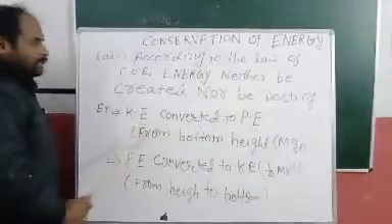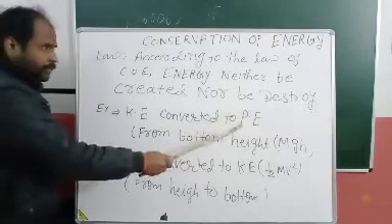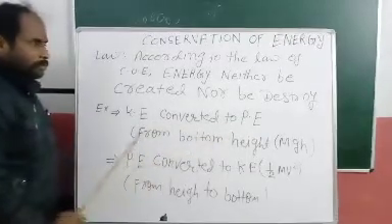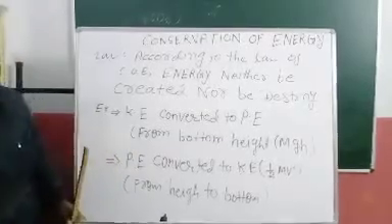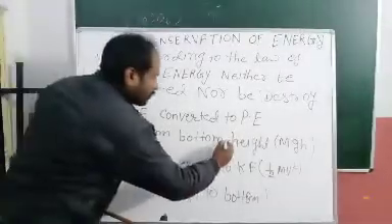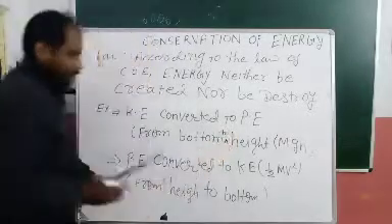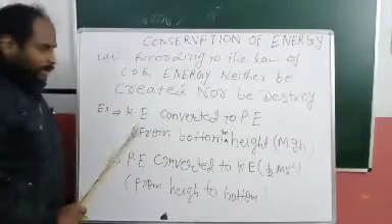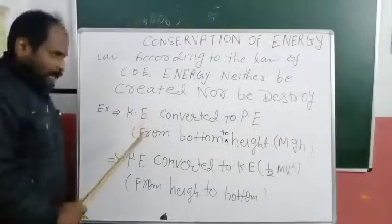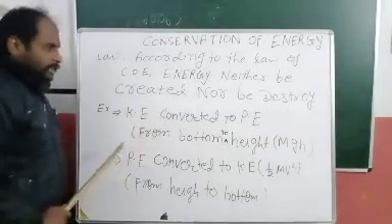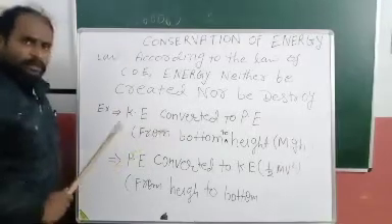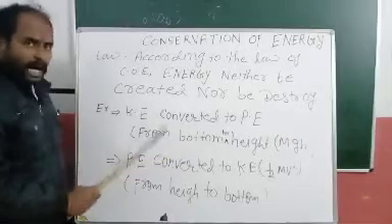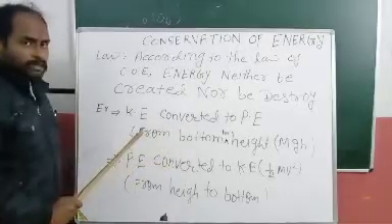Kinetic energy is converted to potential energy from bottom to height. That means as soon as the object covers height from the bottom, height is created and the value of height is valuable.